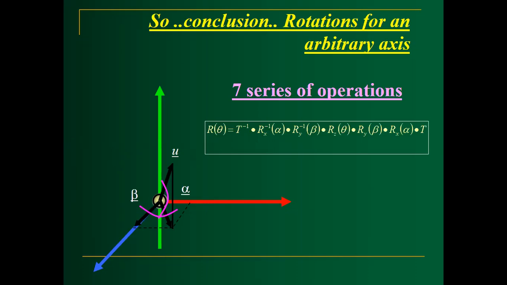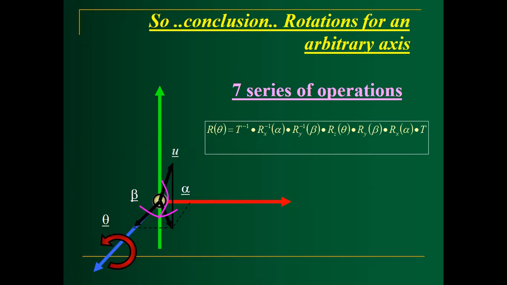The third step is rotate about the z-axis with some theta angle. Fourth step, go back, that is rotate this arbitrary axis back, your inverse rotation, and next is inverse translation. So a series of 7 operations in 5 steps.